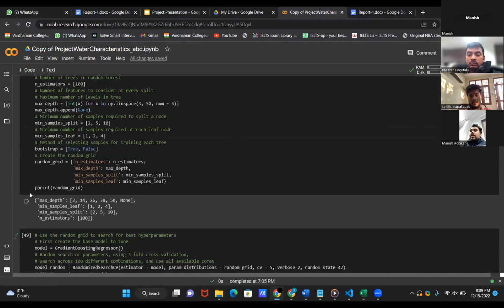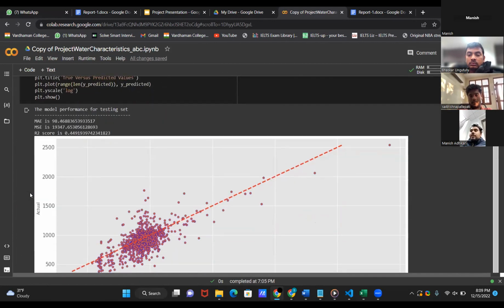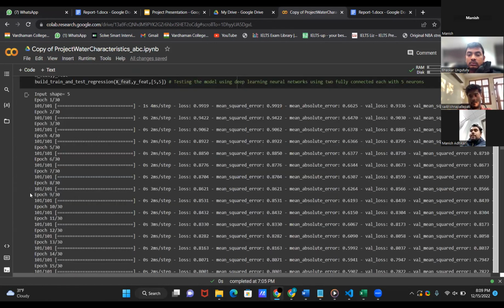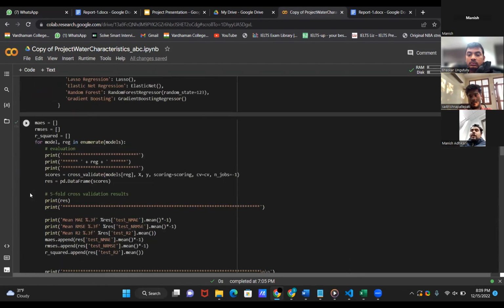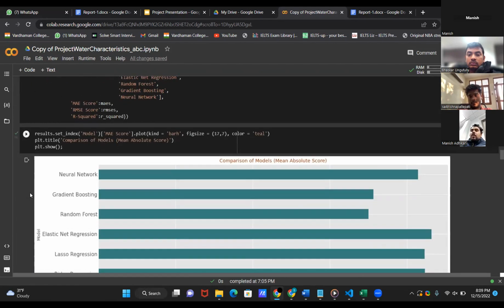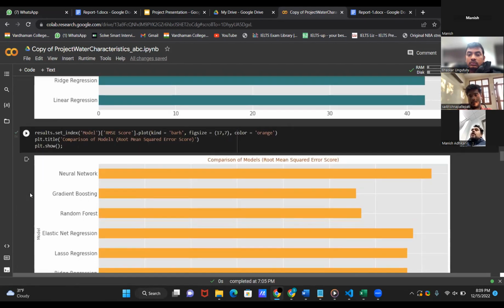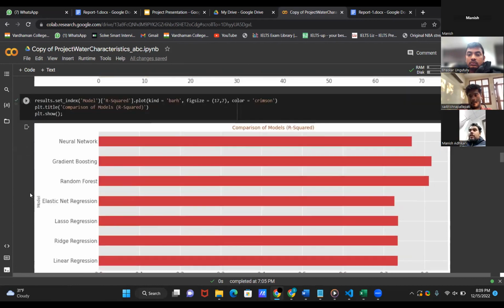Finally, in that way, our report is being generated using deep learning. We have a similar workflow for all the features.